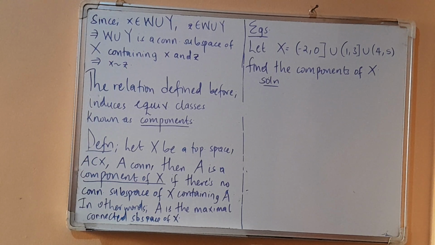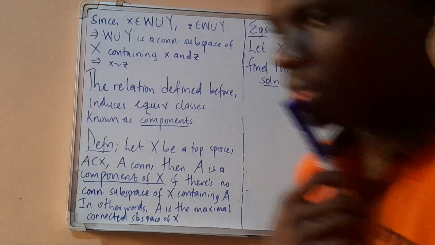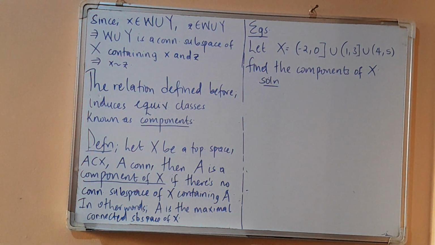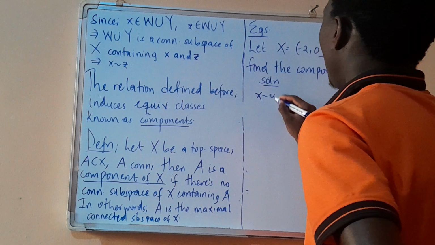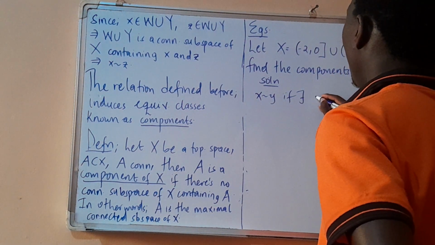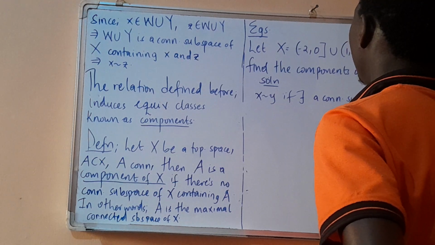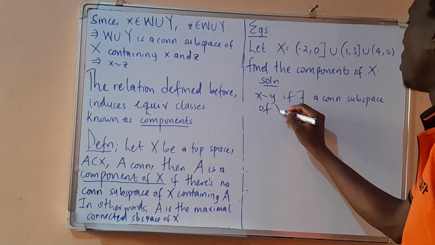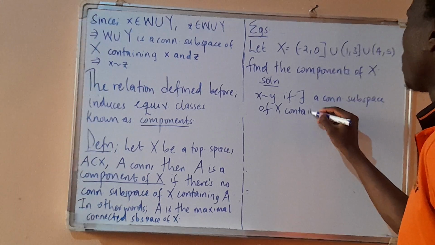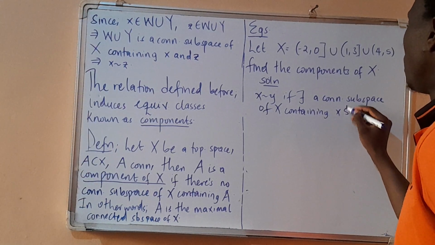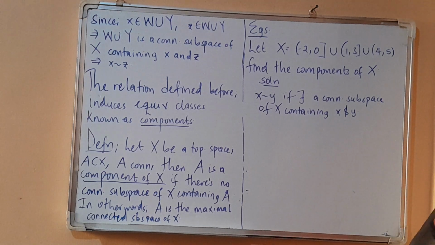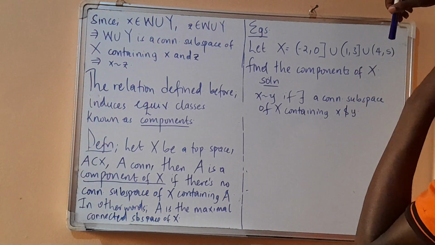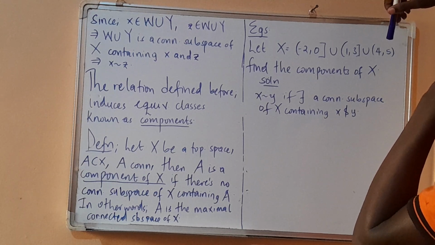We say that two elements in that set, X and Y, are related if there exists a connected subspace of X containing X and Y. This relation induces equivalence classes known as components.